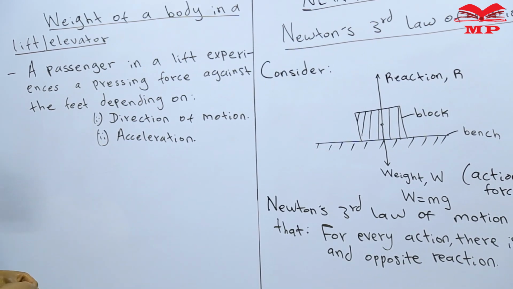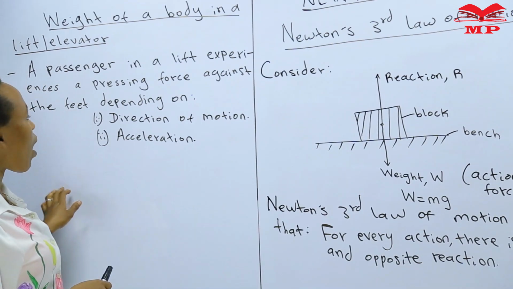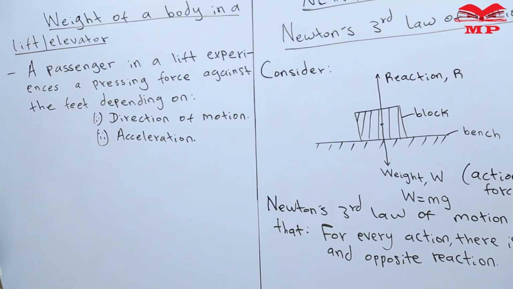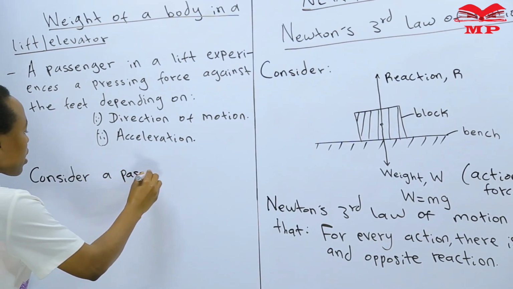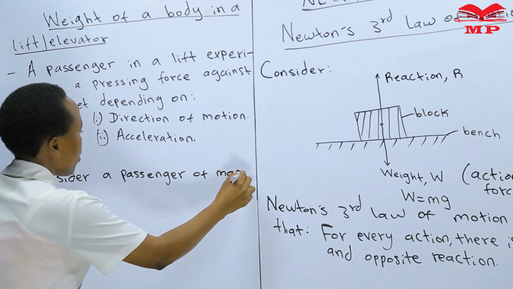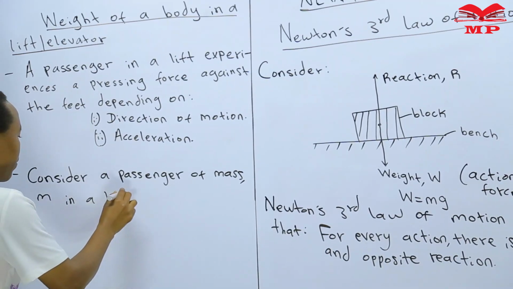So I'd like us to consider here a body. We have a body of mass M which is weighing on a lift. We are first going to consider a passenger of mass M in a lift.